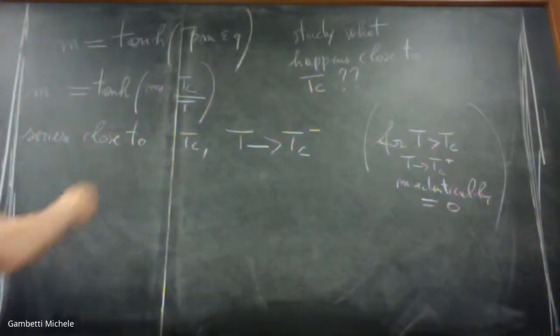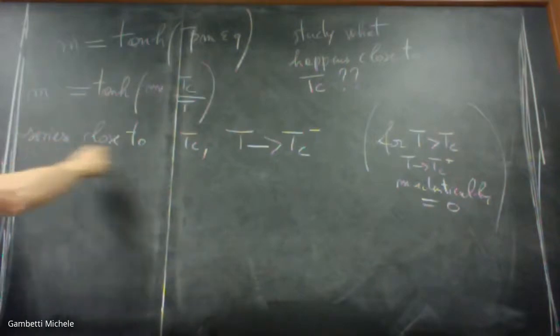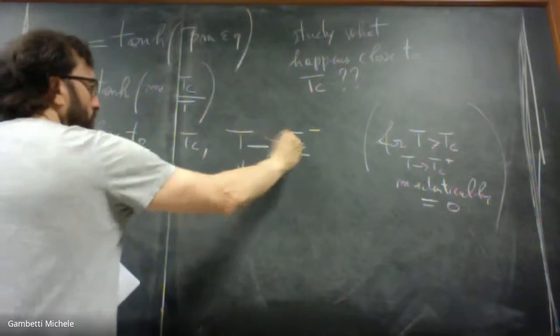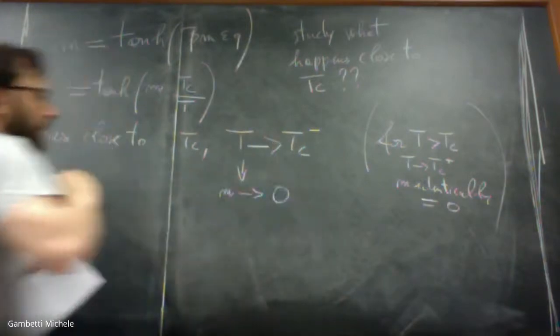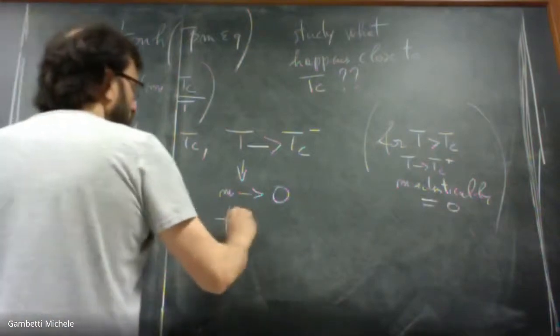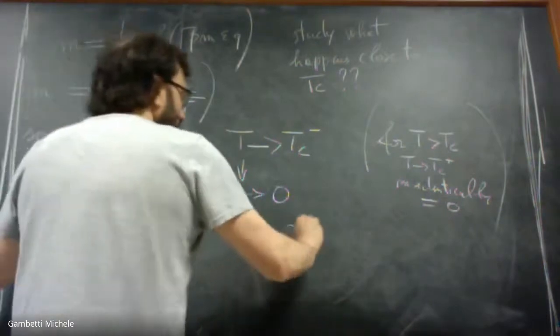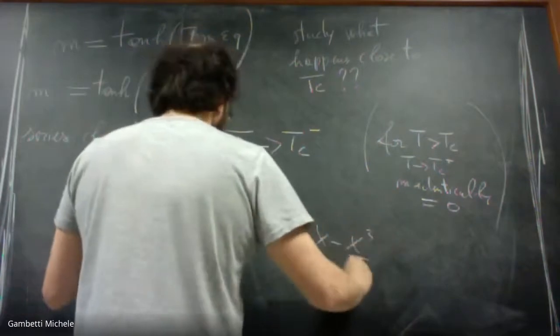So what we do is to expand. M is anyway very small. For T approaching Tc from below, in any case, M is approaching zero. And then I can use the expansion of the hyperbolic tangent that I'm sure everyone remembers. This is the following: x minus x cubed divided by 3.